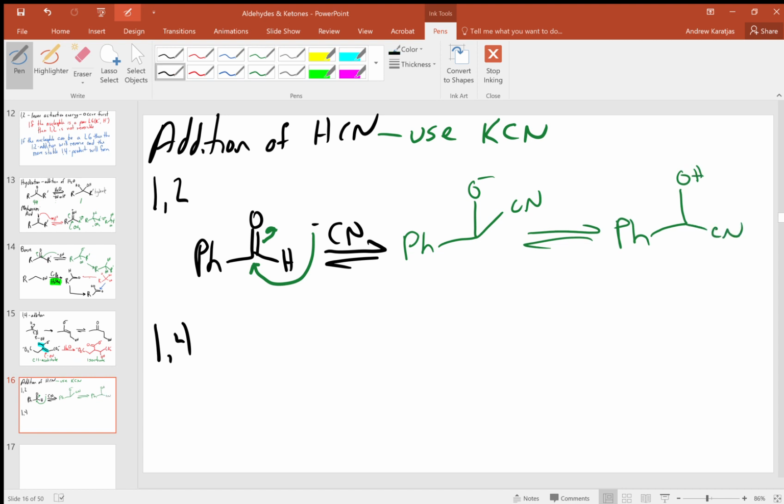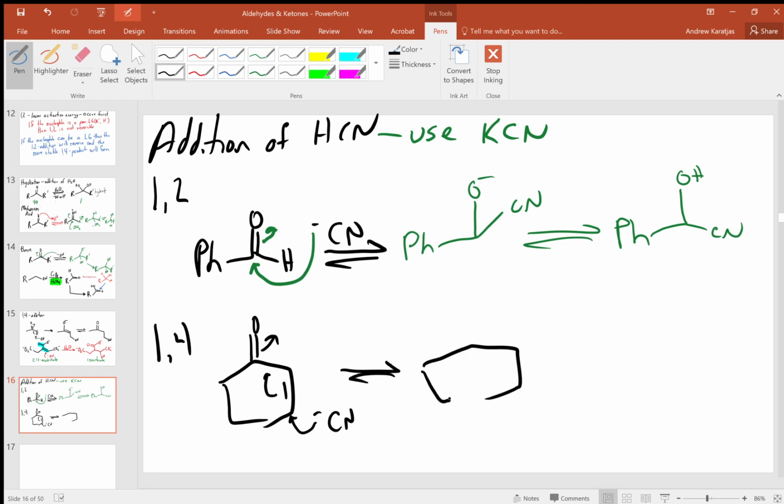Same thing, 1,4 addition is possible as well. And again, this mechanism looks exactly the same as when we added water.